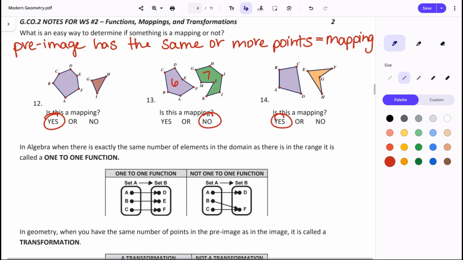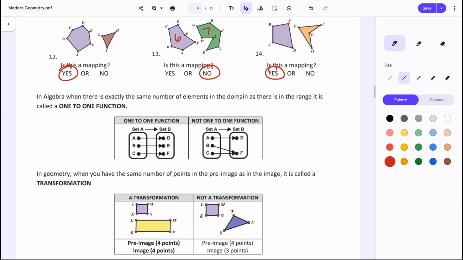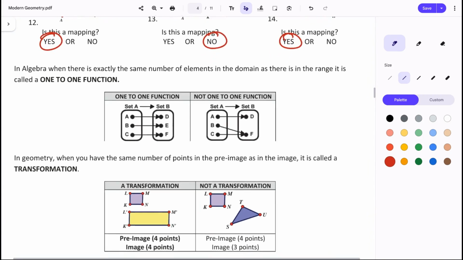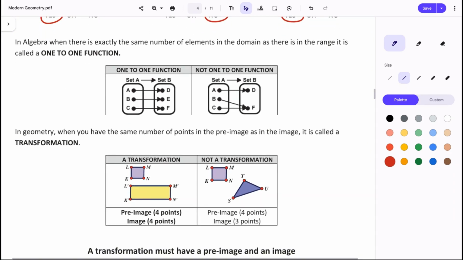Okay, so now, if you look at this next thing here, when we talk about functions, there's a special kind of function that we're going to look at, and it's called one-to-one. And we've already seen one-to-one functions show up earlier in our notes, okay? So in one-to-one, everything has one unique location to go to. Nothing is being shared.